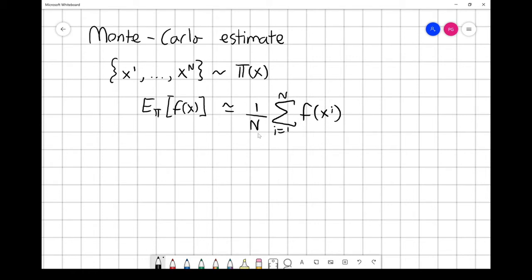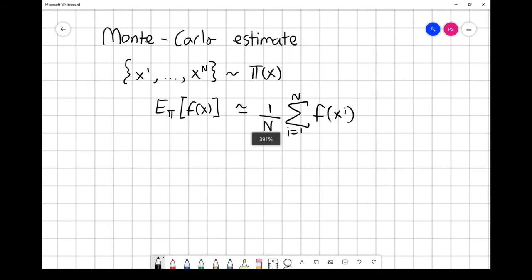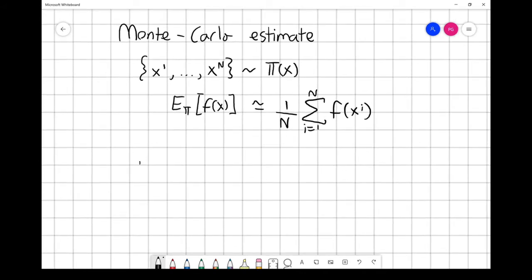So in other words, as n goes to infinity, this approximation will tend towards the true value of this integral. Okay, that's fine. But then the next question might be, well, how do we generate all of these samples?